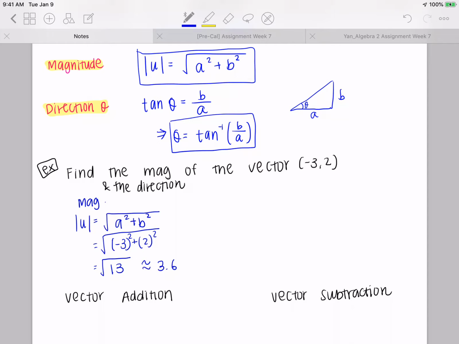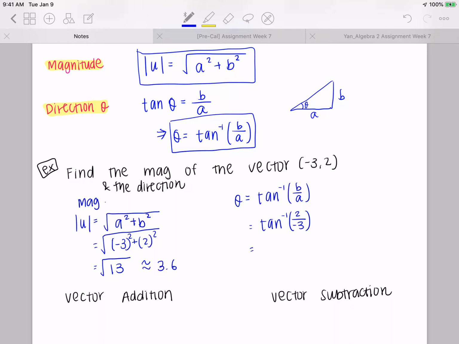And then for the direction, it would be theta equals inverse tangent of b over a, right? So if I rewrite it again, it would be 2 over negative 3 inside the inverse tangent.